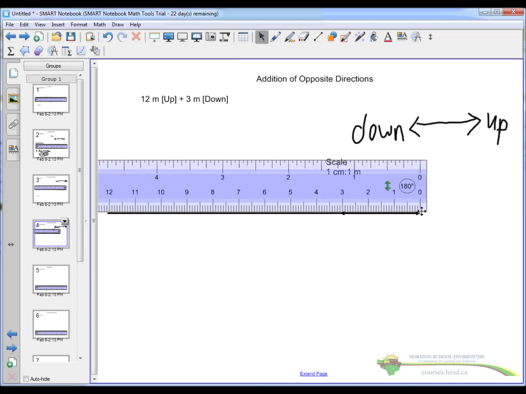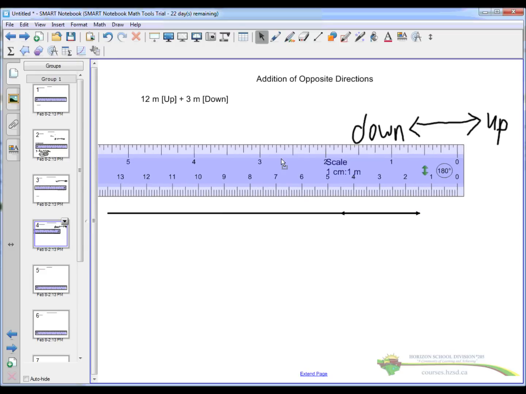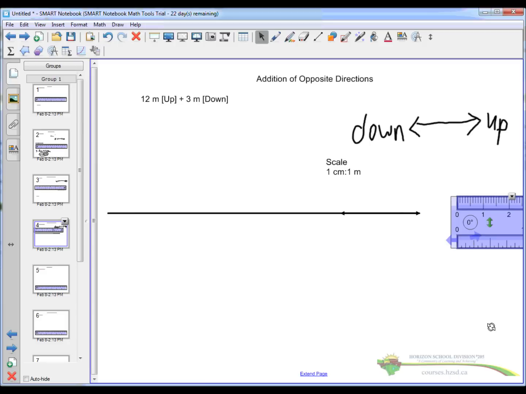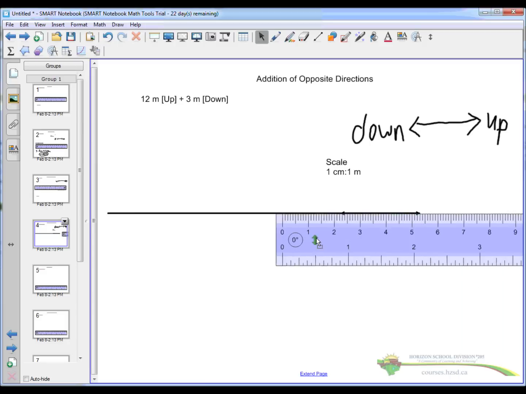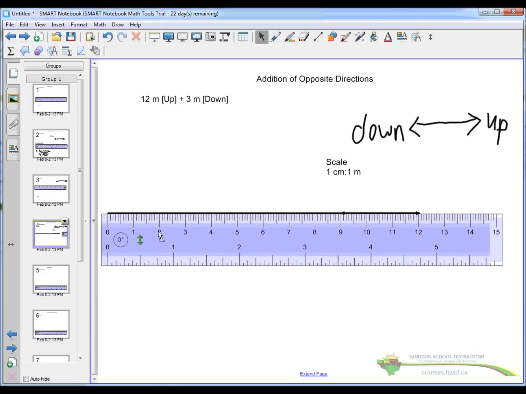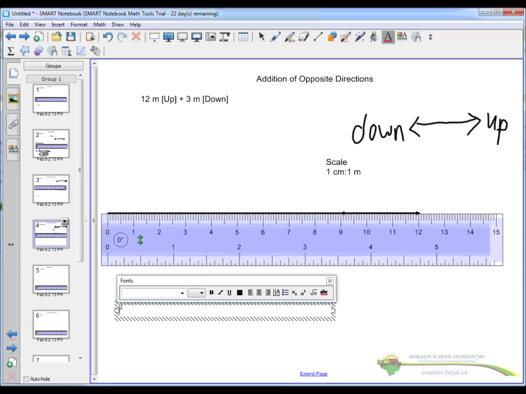And I go from the beginning of the first one, spin this around, beginning of the first one to the end of the second one, and I get 9 centimeters or 9 meters in the up direction. So my answer, 9 meters up.